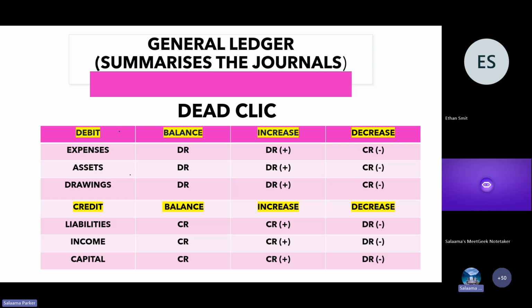Your credit side, which is your liabilities, income and capital, have credit balances, increase on the credit side and decrease on the debit side. So please, it is very, very important when you are posting to the T accounts in the general ledger to apply your debit credit rules.